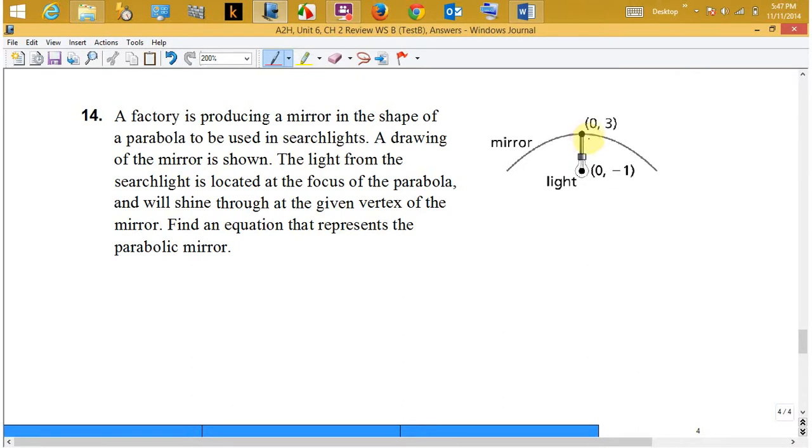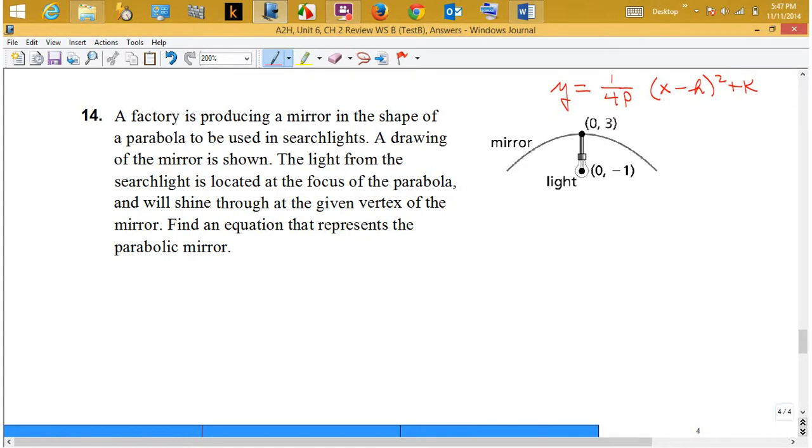We can see that we have a vertex that is not at 0, 0, and it's opening down. So this is the equation form that we would be using: y is equal to 1 over 4p, then x minus h squared plus k.